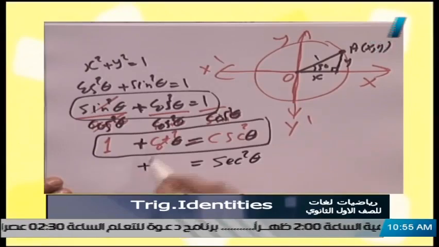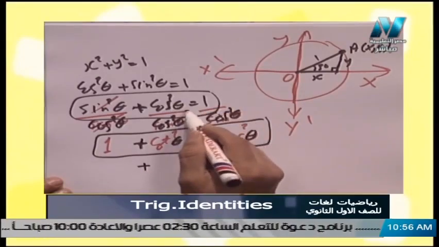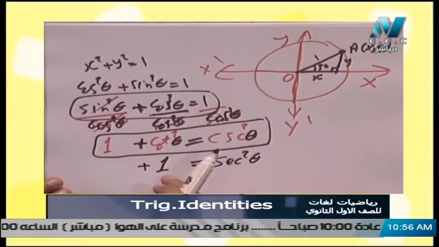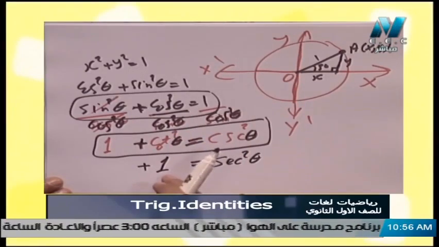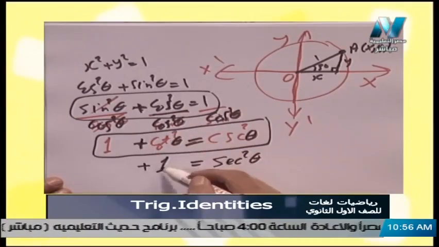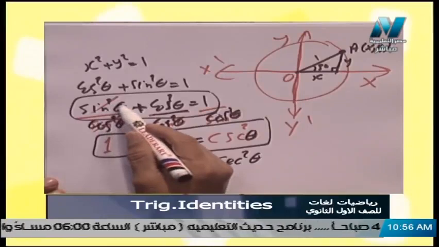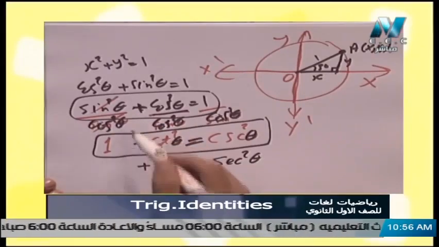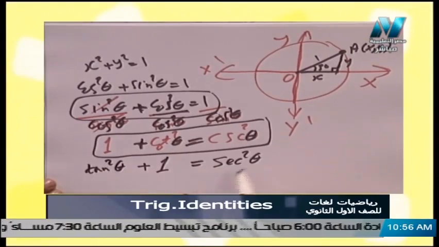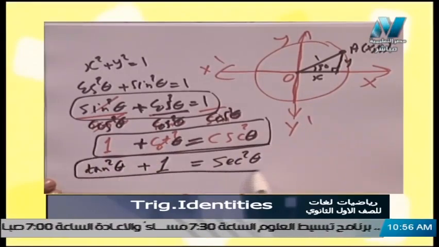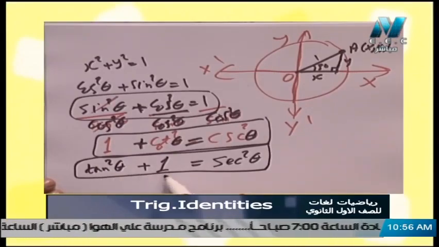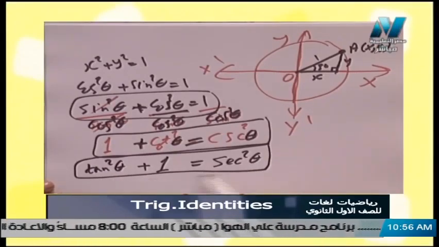And cosine power 2 theta divided by cosine power 2 theta equals 1. It's a common mistake that some students say 0. False. Cosine power 2 theta divided by cosine power 2 theta equals 1. And sine power 2 theta over cosine power 2 theta equals tan power 2 theta. So we have the second important identity here, which is tan power 2 theta plus 1 equals sec power 2 theta, and keep them well.